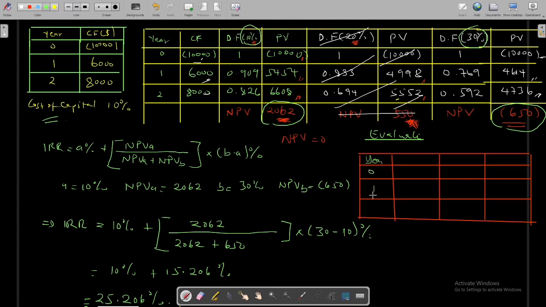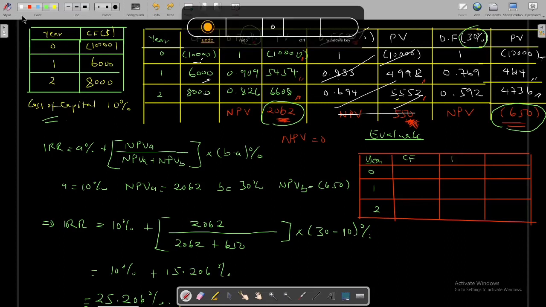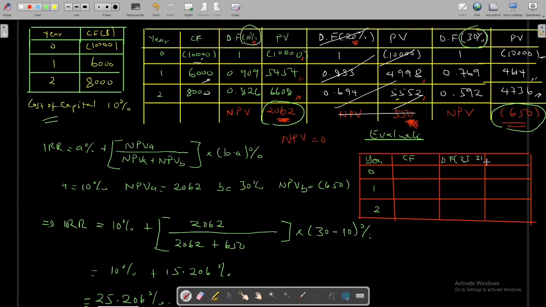So let's use a contrasting color for the years, which is year 0, year 1, and year 2. We have the cash flows, the discount factor, which here is 25.21%. Then the PVs, and we see whether we are going to get 0 at the end. So here is 10,000, here is 6,000, here is 8,000. Now here will give us 1, because 1 over 1.2521 exponent 0 will give us 1.